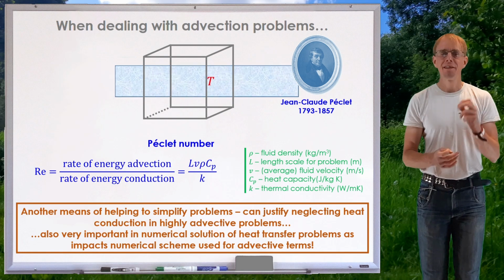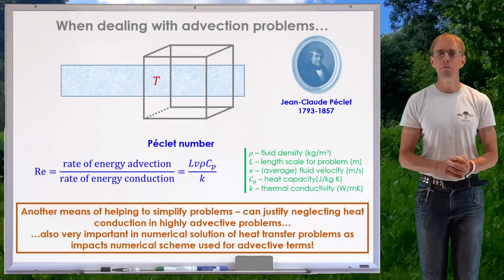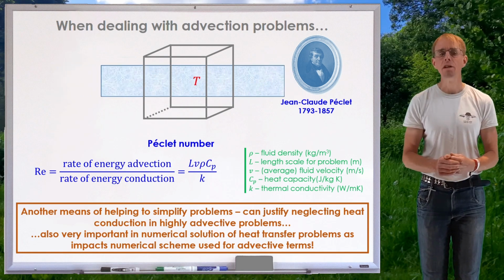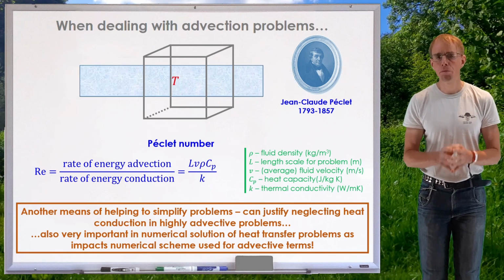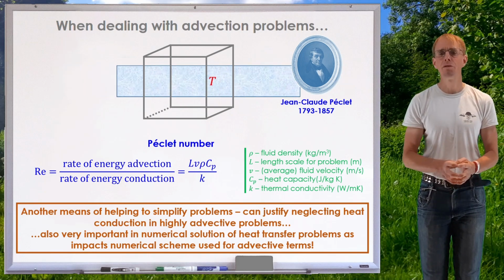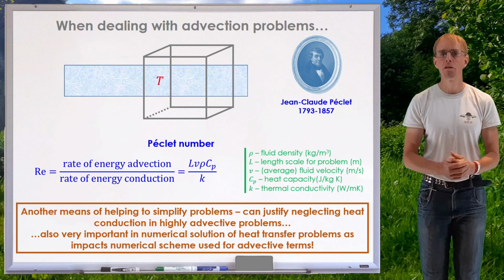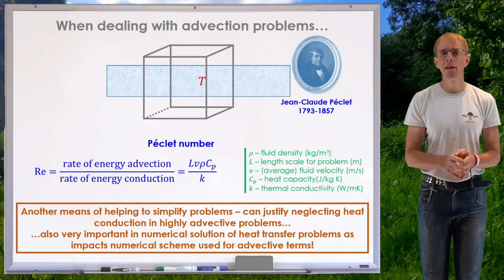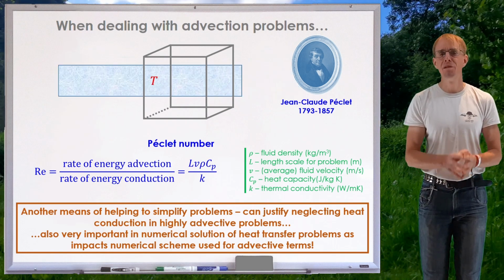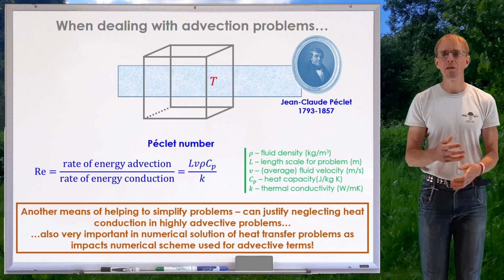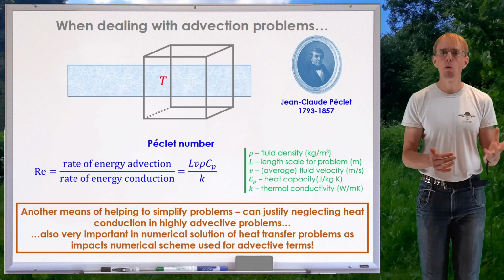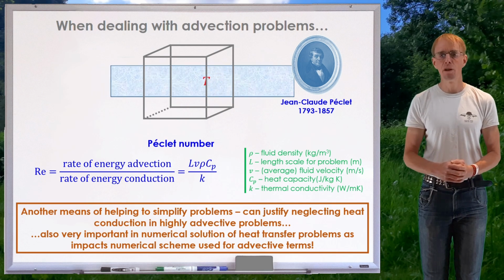Now, there's another thing here that we can use the Peclet number for, and numericists will already know this, but when we think about writing first principles numerical codes to solve heat transfer or coupled heat transfer and mass transfer problems, then the Peclet number also determines the numerical scheme that we use, because numerical schemes have to take into account which way our dominant information flow is going.